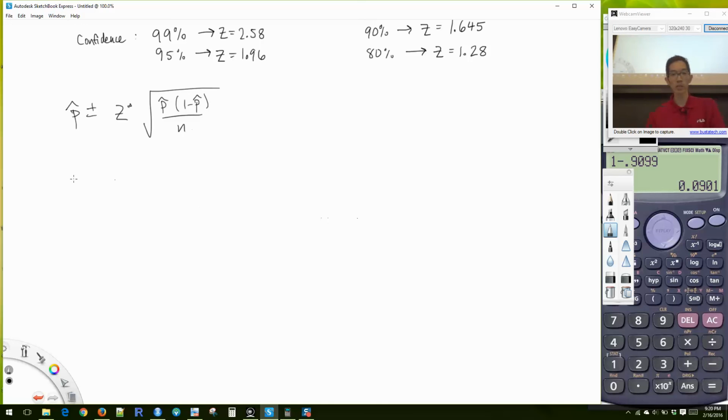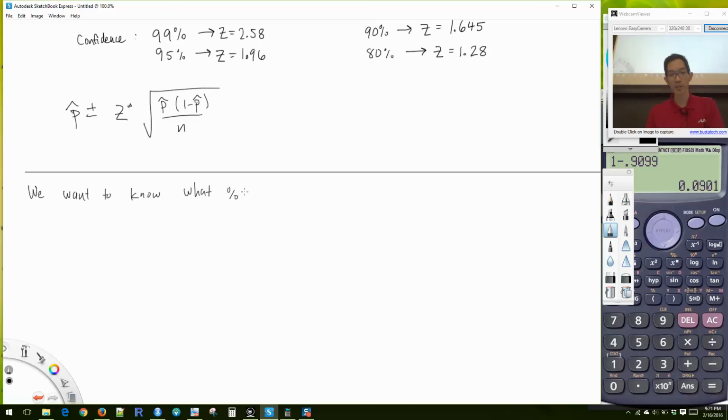So we want to know what percentage of people in the USA drive a truck.